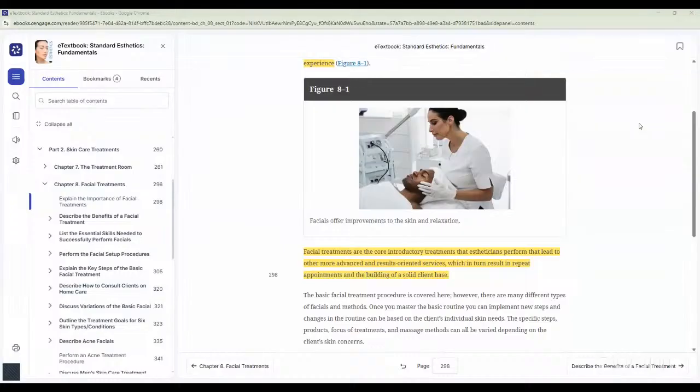But there's so many things. Once you get the foundation, you can continue to catapult to the top with advanced theory and education. It says facial treatments are the core introductory treatments that estheticians perform that lead to other more advanced and results-oriented treatments, okay, which in turn result in repeat appointments and the building of a solid client base.